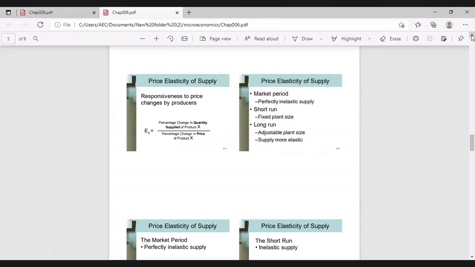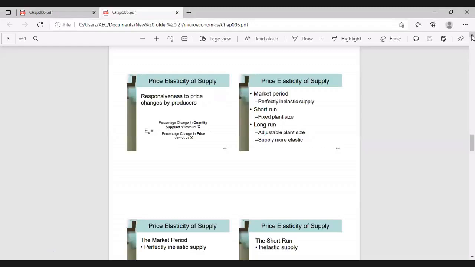Market period means when the price changes, how will the producer respond immediately? That is, very short time. That time we call the market period.